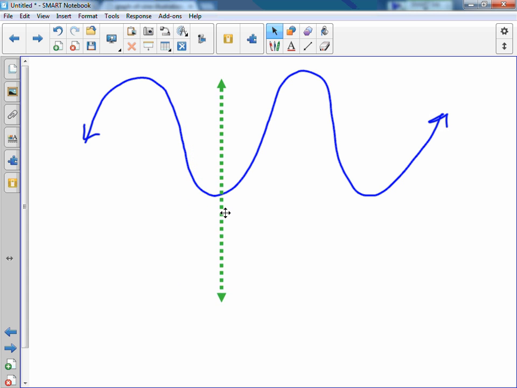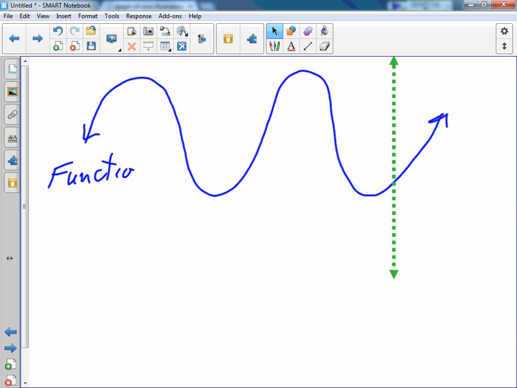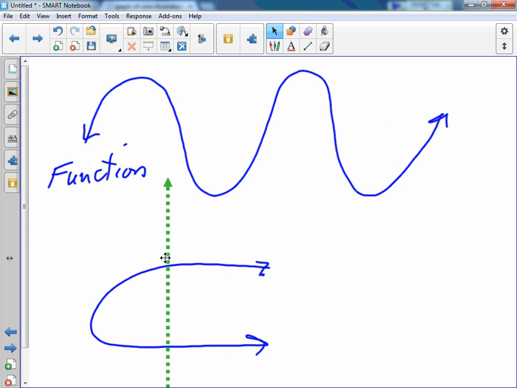Yeah, everywhere we're going, there's just one intersection. So that's a function. But then sometimes you'll see stuff like this. That's a relation, because look, it fails the vertical line test. You have an intersection there and an intersection there. That gets confusing.